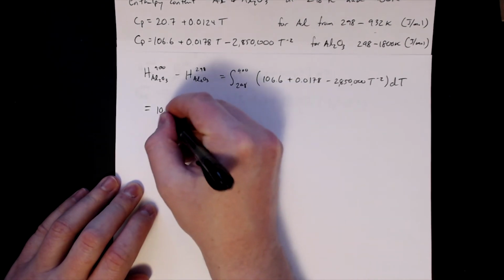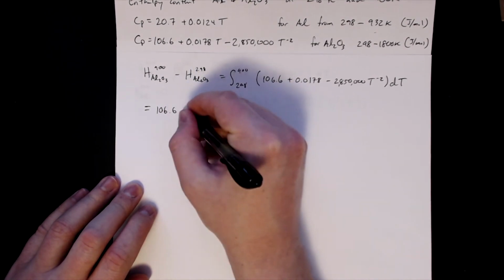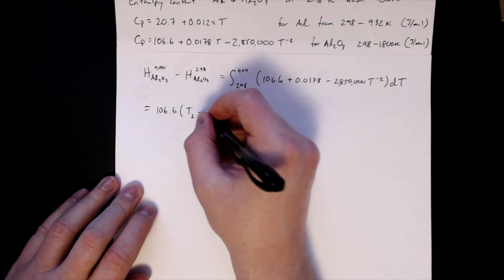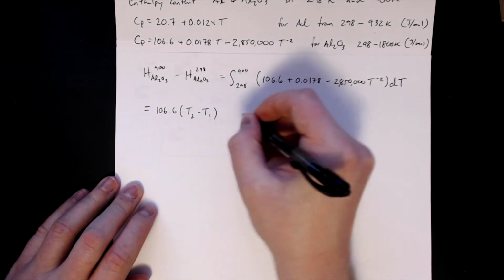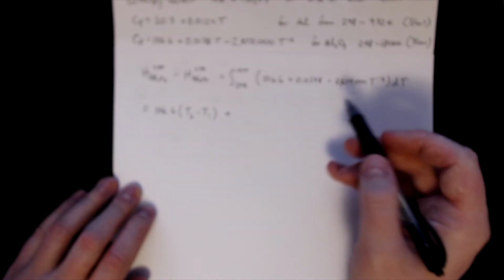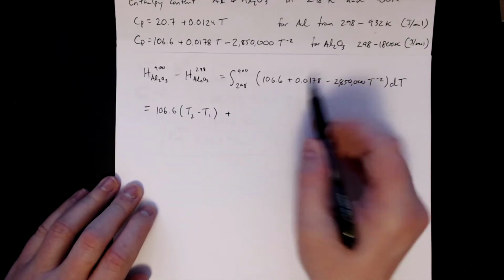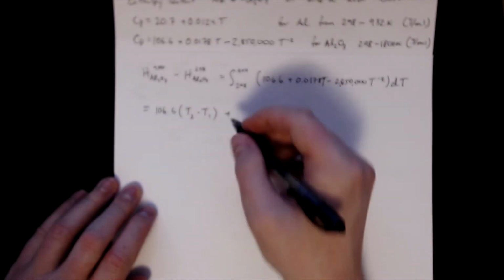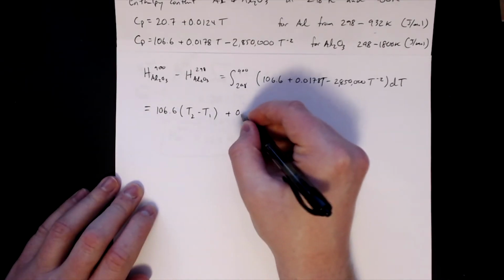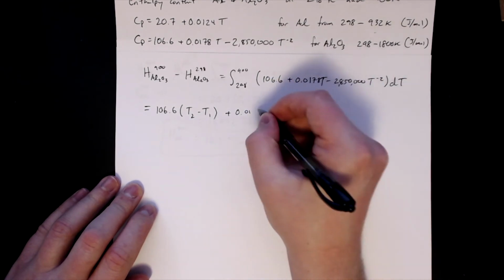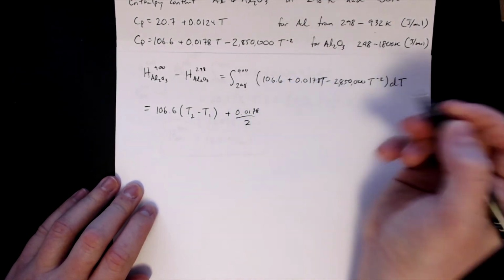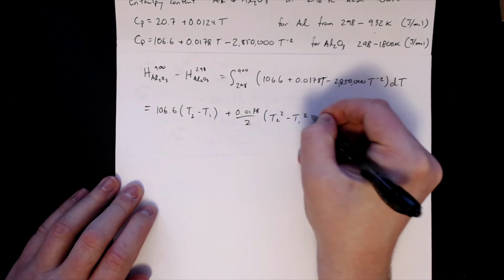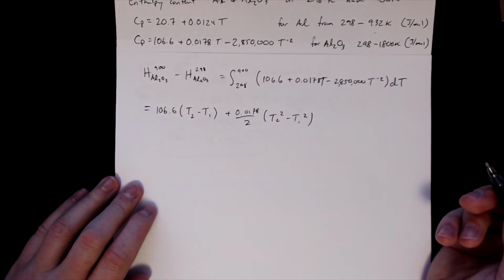Same thing, it's going to be 106.6 multiplied by T, so T2 minus T1, plus we had a T term. I messed that up, it should be a T here. So this is the constant divided by 2, and then T2 squared minus T1 squared, just like we had before.